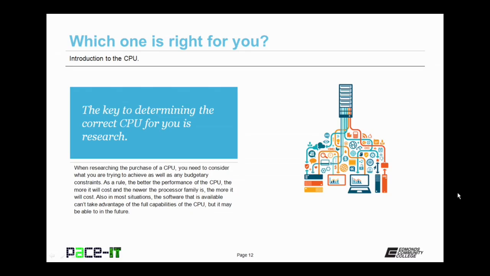And the newer the processor family is, the more it will cost. Also, in most situations, the software that is available today can't take advantage of the full capabilities of the CPU. So you may not want to buy the most cutting-edge current version.